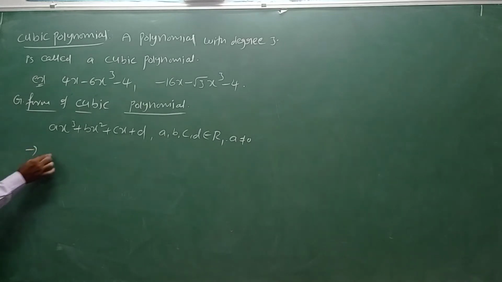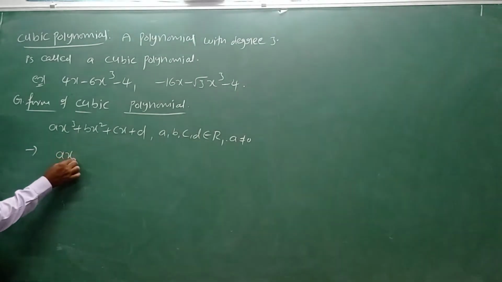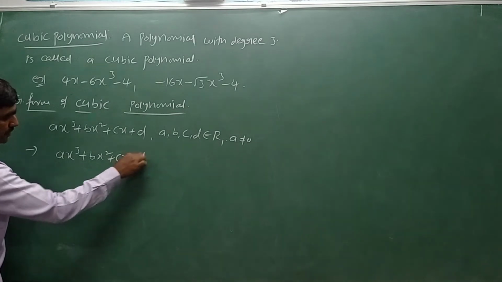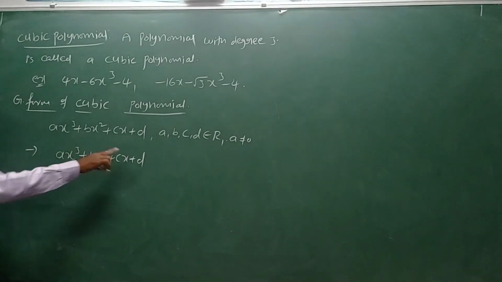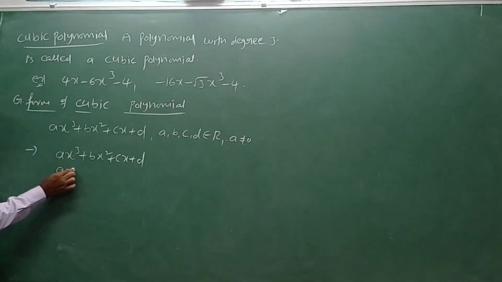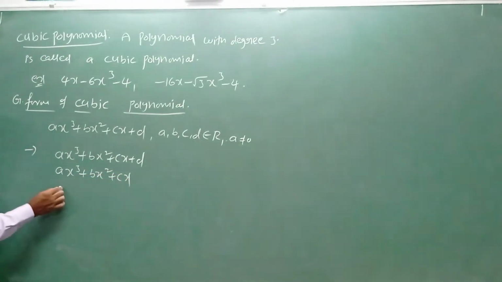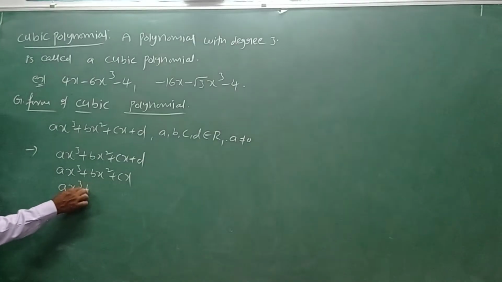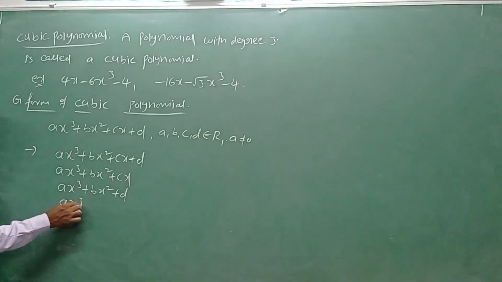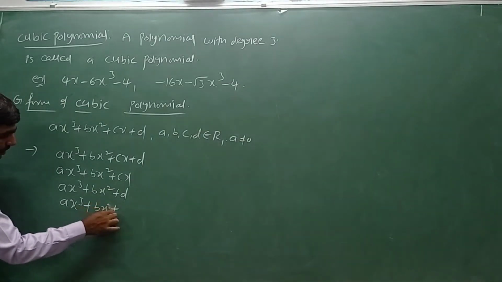Now let's see how many terms we can see at most in a cubic polynomial. A cubic polynomial may be ax cube plus bx square plus cx plus d. It may contain all four terms: x power 3 term, x power 2 term, x term and constant. Or it may contain 3 terms, ax cube plus bx square plus cx, or x cube term, x square term and only a constant.